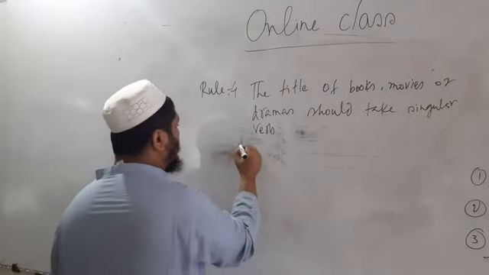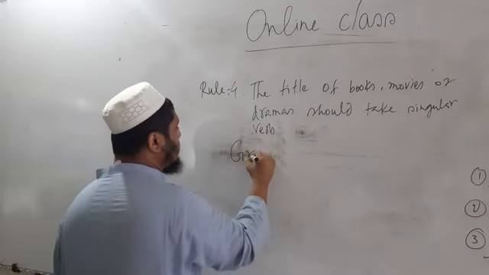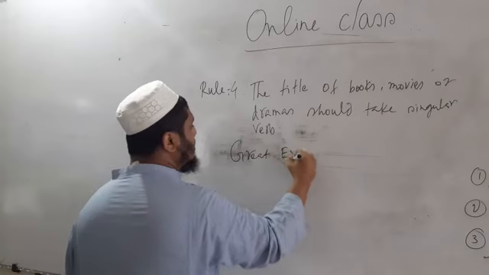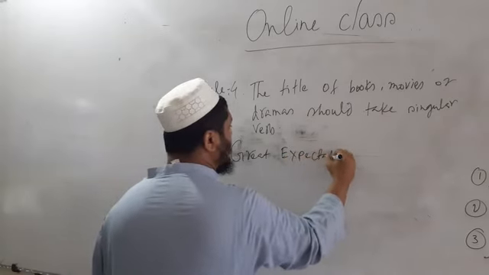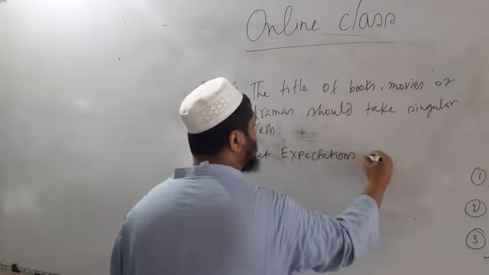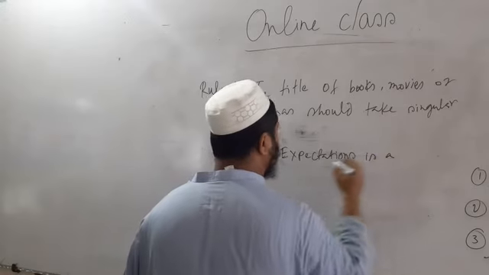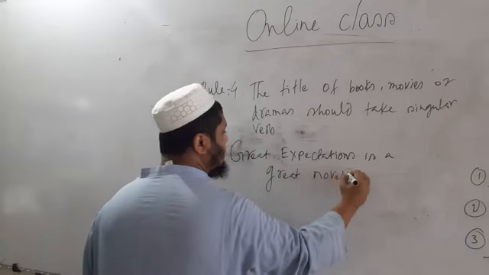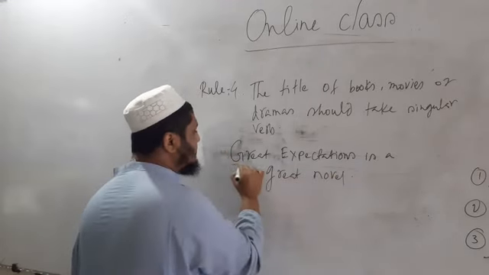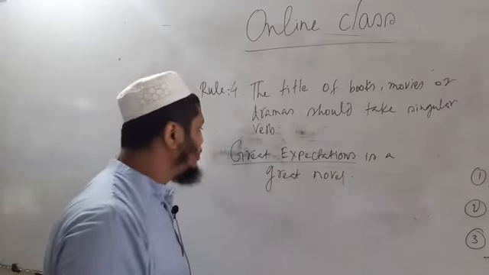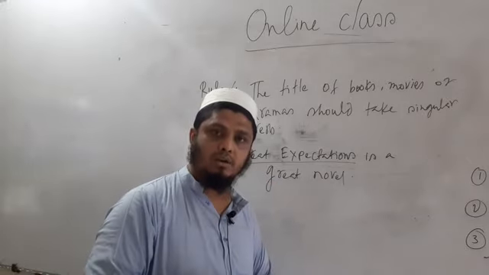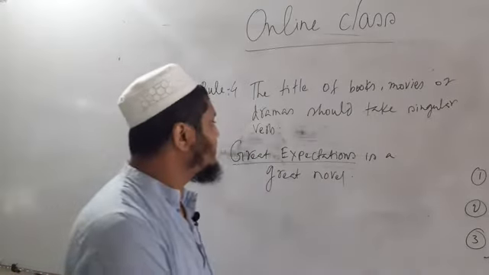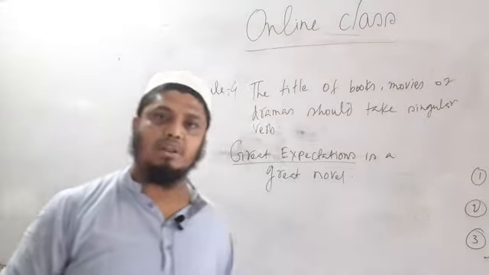Example. Great Expectations is a great novel. It is the name of a novel. So the verb should be singular and it is given singular here.